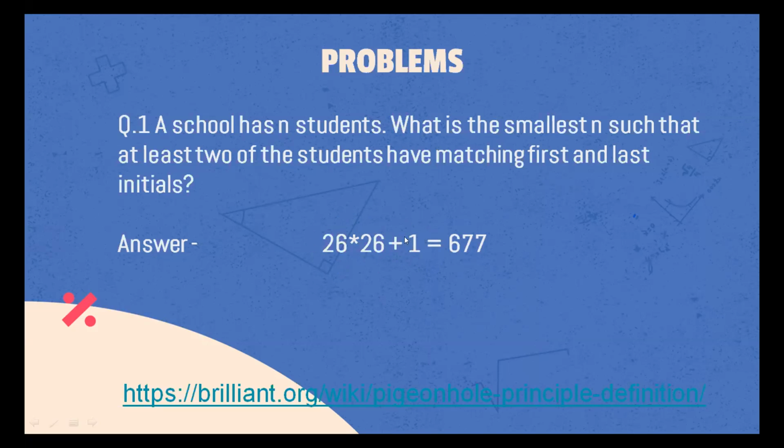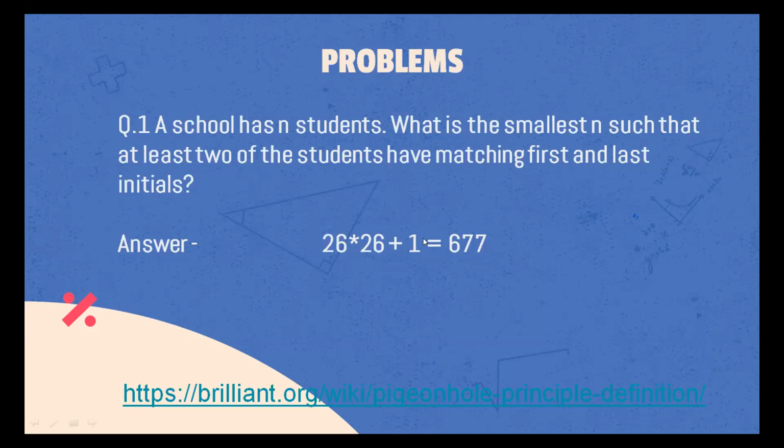So what does this stand for? It stands for, suppose all the students have a different letter. Let's consider the worst case. That worst case scenario would be that everyone that we are considering has a different first and last initial.